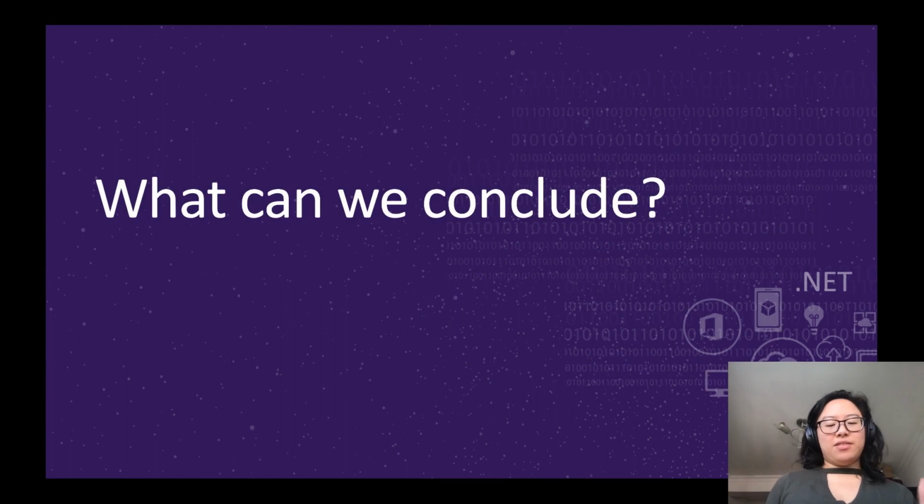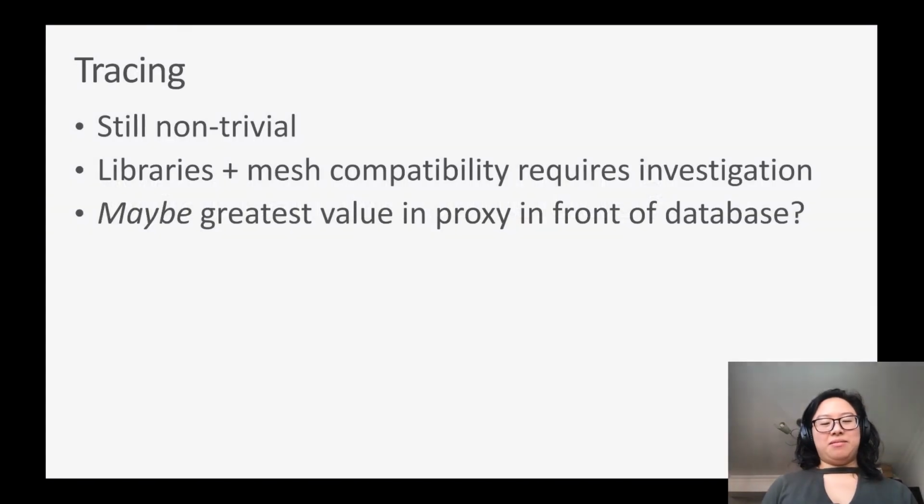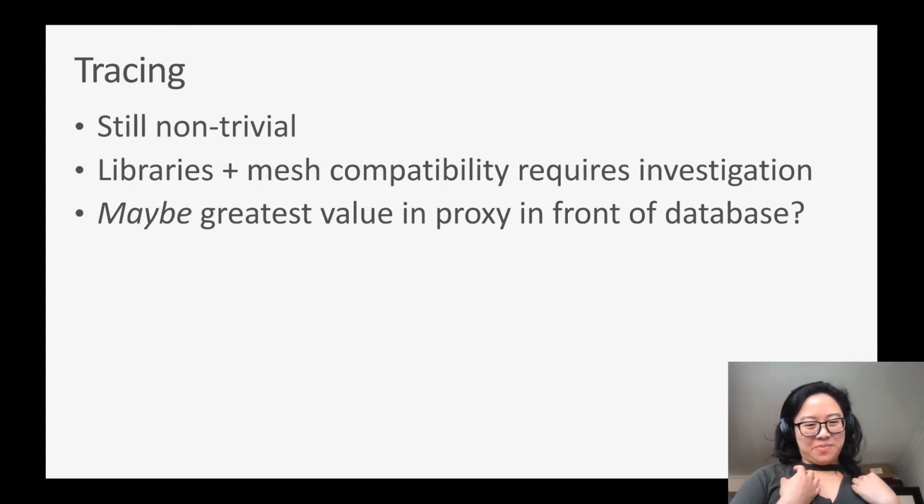All right, so after all this, what are we really concluding? Well, tracing is still non-trivial. I still find it really difficult. Libraries and mesh compatibility require some investigation. So it's kind of tricky. I had some really weird trip-ups trying to determine what is compatible where. And maybe the greatest value of having a service mesh is putting the proxy in front of the database.